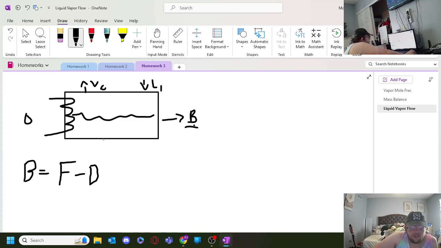Now remember, this is under proportional control. So we're also going to have to add in that Kc component based on where our mass is in here.